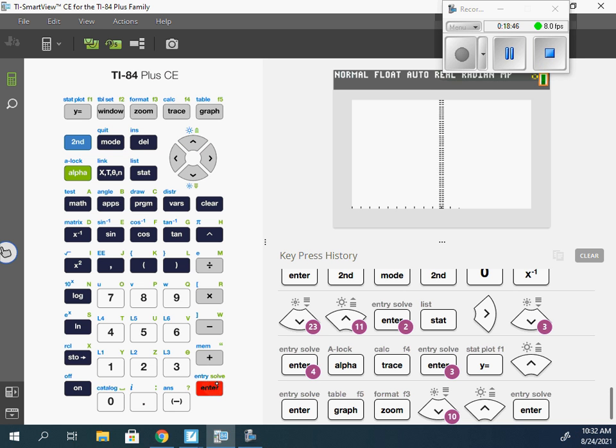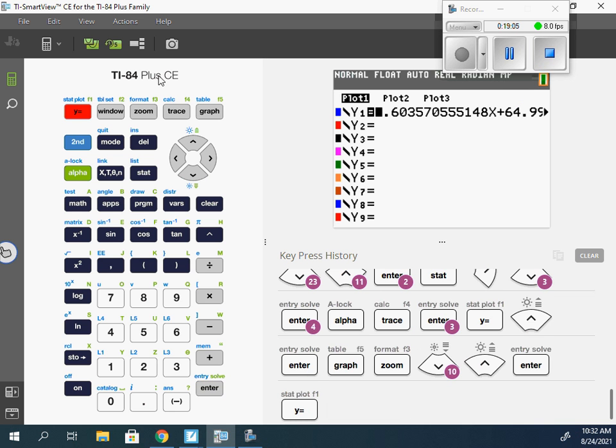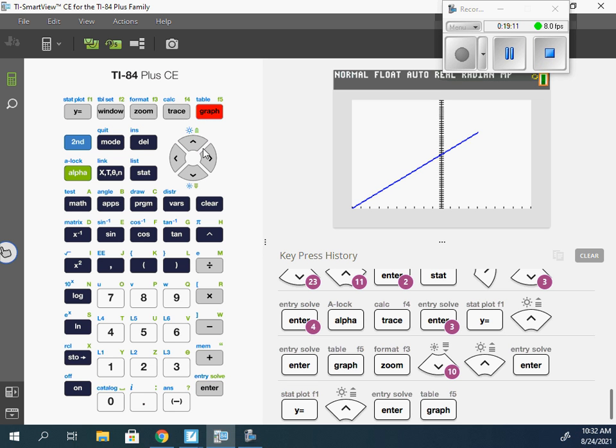And hit enter. Tell it zoom fit. So it reset it so that we could see this here.